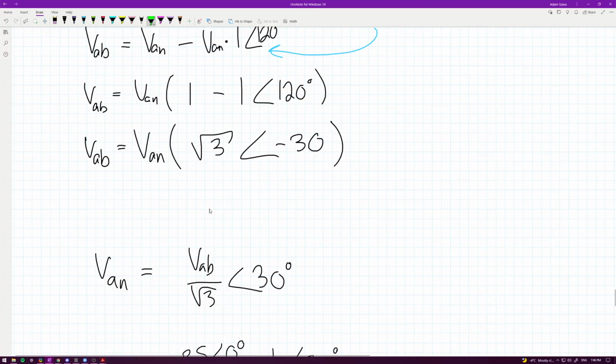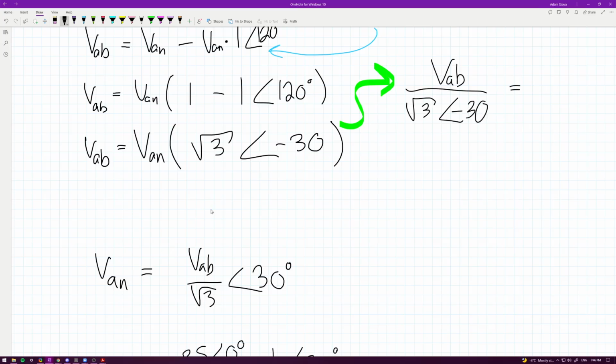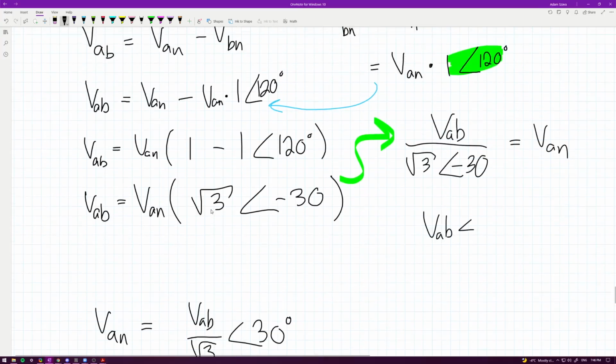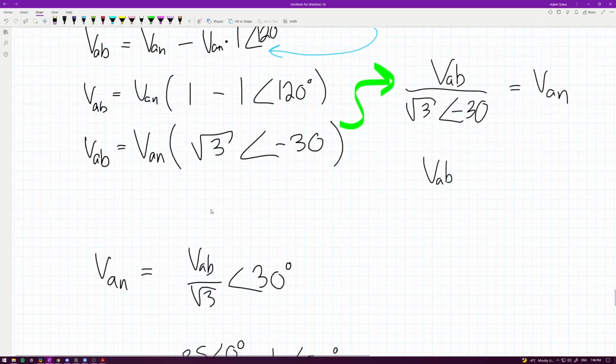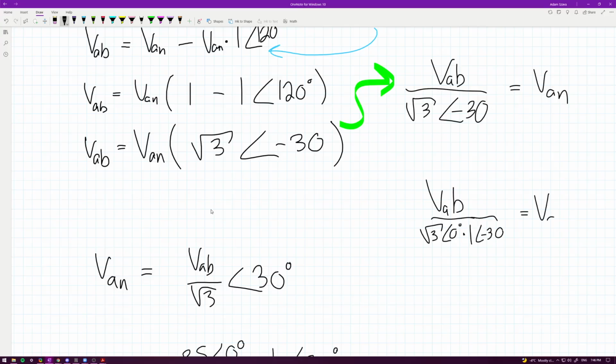Essentially, let me do it the long way here: you're dividing both sides. So it's really VAB over root 3 to an angle negative 30. You're just dividing both sides by that complex number. We don't have to substitute VAB in yet. It's VAB over root 3 to an angle 0 times 1 to an angle negative 30 equals VAN.